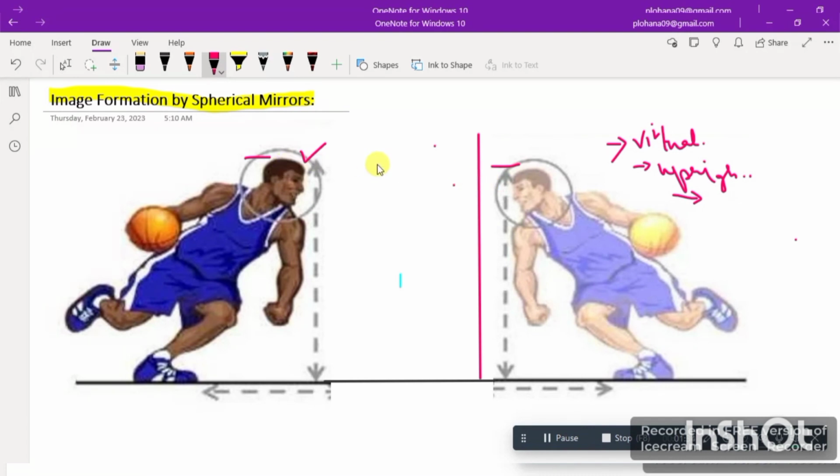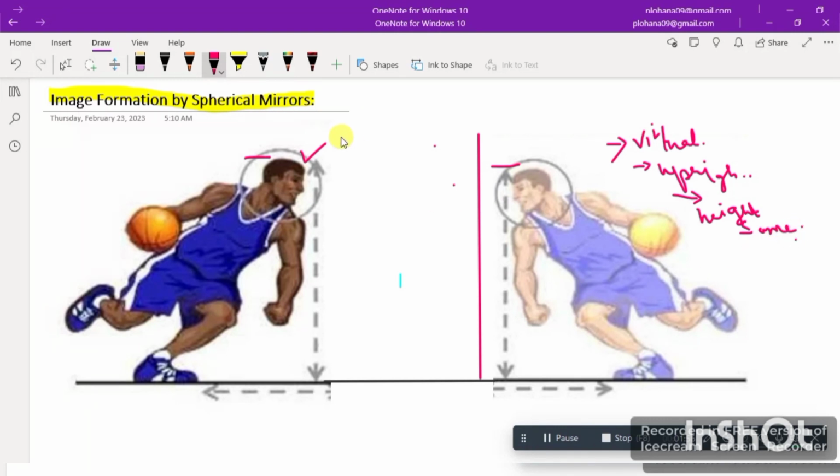So we can also see that in the mirror image the height is the same as the real image. So let me write here: the height would be the same for the virtual image as for the real image, right?